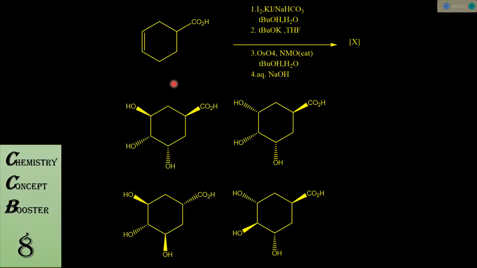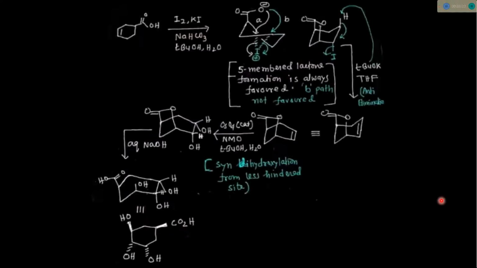First we have to see the options, then take the starting material and treat it with all the possible reagents given there, and after that you can automatically find the stereochemistry of the product. Here, one point to be noted is that the elimination is anti-elimination, since there is a beta hydrogen and a leaving group in anti-planar orientation.